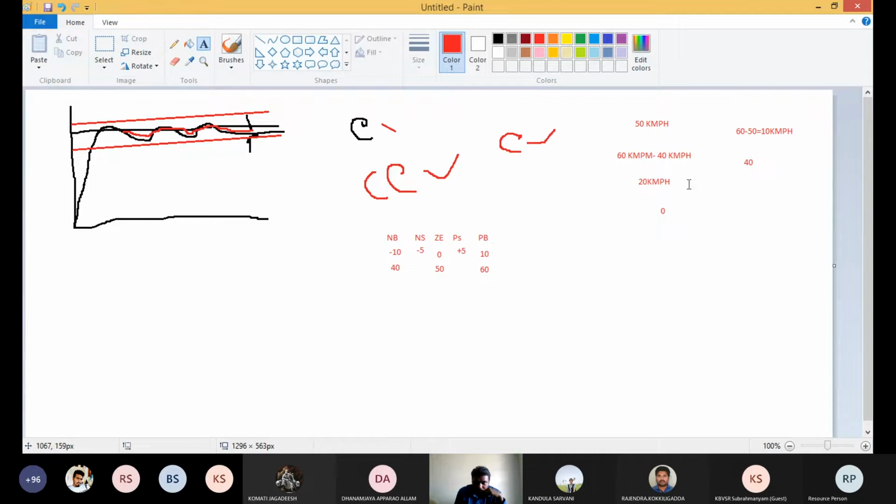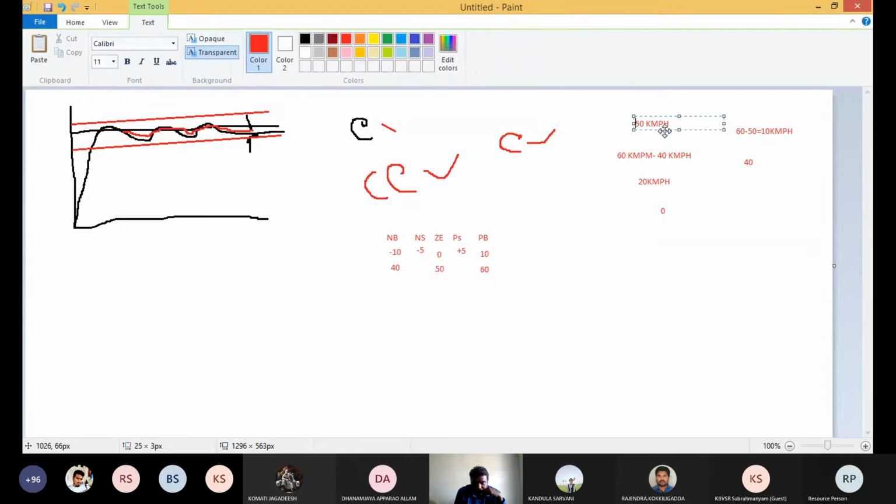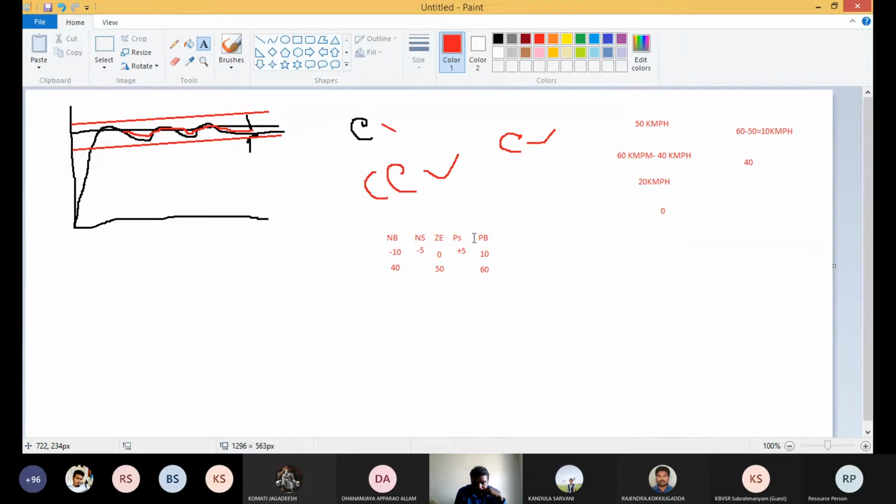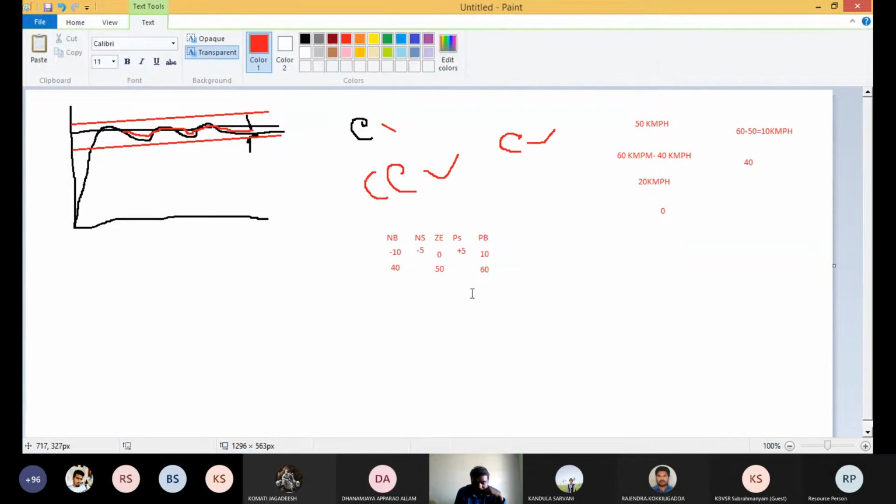Here I am taking the desired value as 50 kilometer per hour, and I am observing the minimum deviation and maximum deviation in my output. The deviation is in between 40 to 60 kilometer, so 50 is our desired value. That's why I am setting 50 kilometer as the zero error.